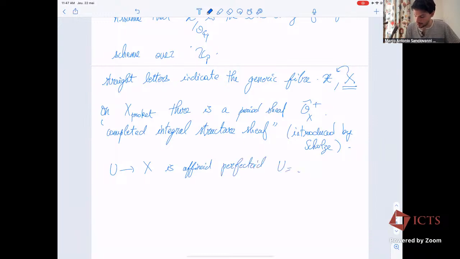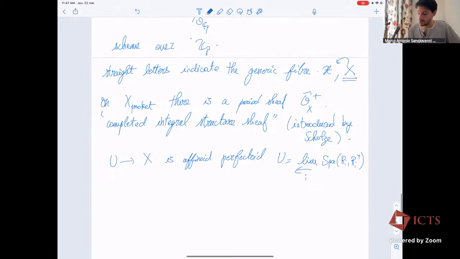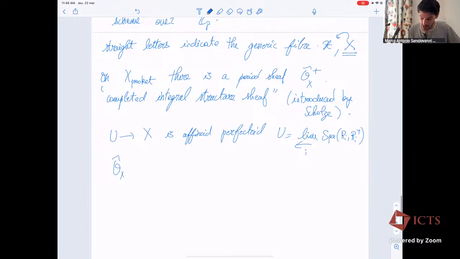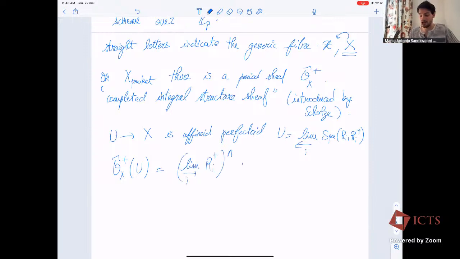So take a presentation of U as, say, Spa of R_i plus, then O_X hat plus of U is going to be the direct limit over R_i plus, and then you take p-adic completion.